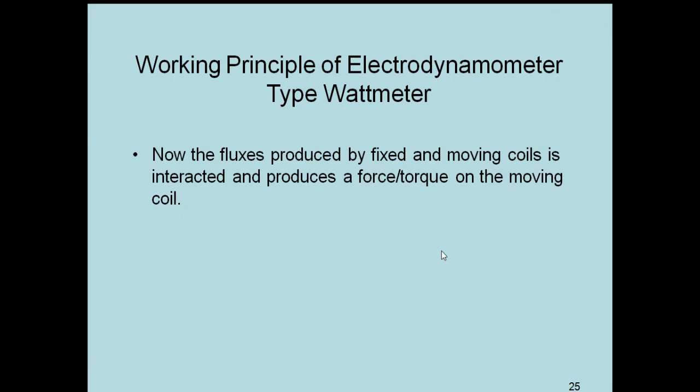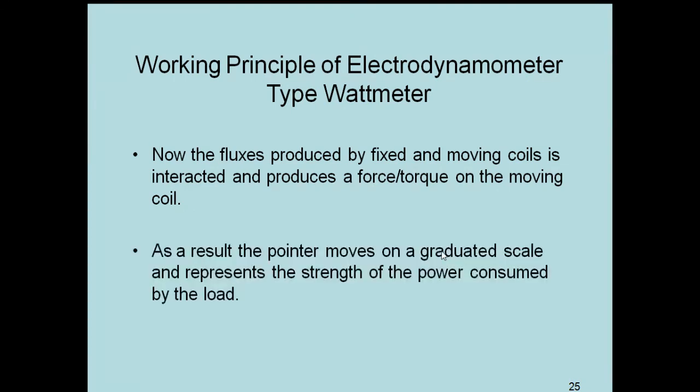Just now we discussed. Now, due to the fluxes produced by the fixed and moving coils, a torque is produced on the moving coil. As a result, the pointer moves on the scale and it represents the strength of the power consumed by the load.